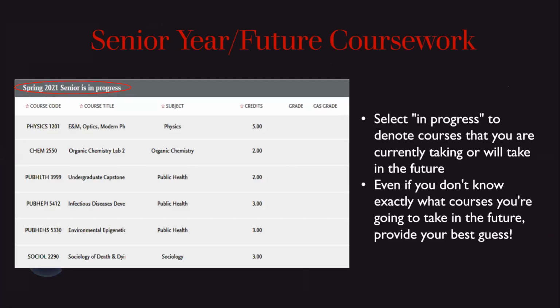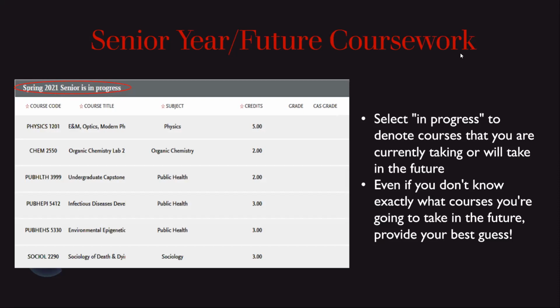All right, so with the transcript entry, when it comes to either senior year or future coursework that you have not taken or are currently taking, you will just select the in progress button to denote those courses, as you can see circled up here. And even if you don't know exactly what courses you're going to take in the future, you can just provide your best guess.